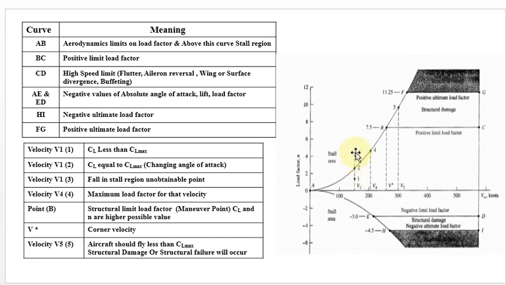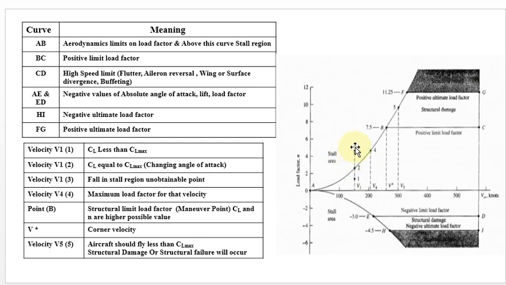Then you come to the next point, number 3. Even though it is the same velocity, your CL value falls under the stall region, because the point goes beyond the curve. Beyond the curve is an unobtainable point.